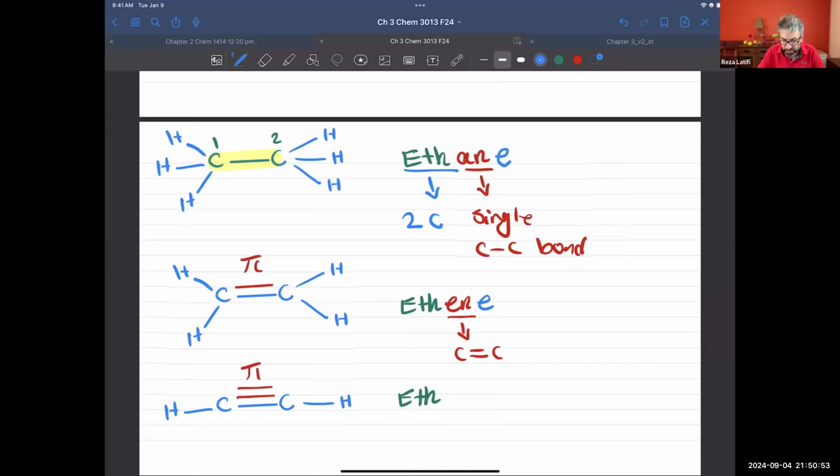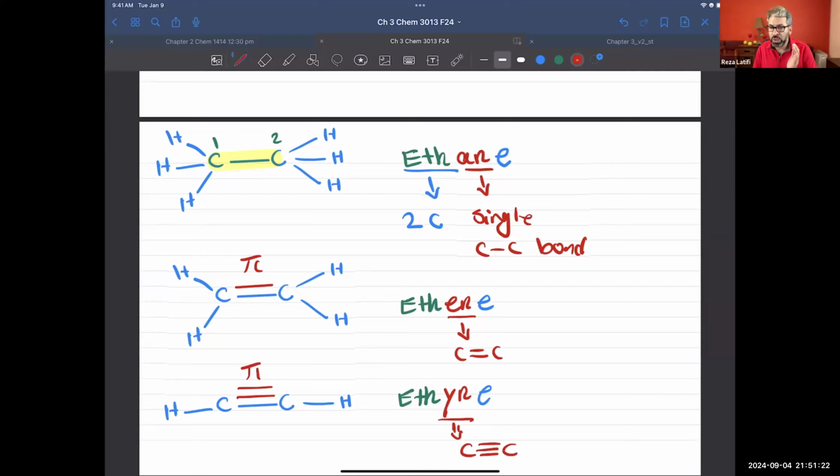And now that I have a triple bond, I'm going to write it with Y, N, and then I add E at the end. This one will be ethyne. So ethane, ethene, and ethyne. YN represents a triple bond between carbons.